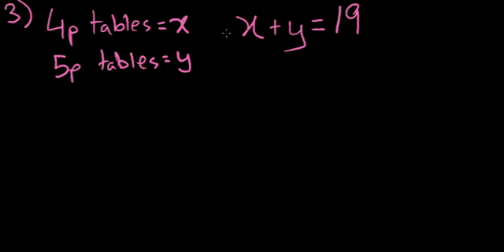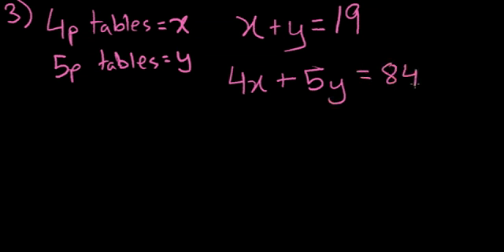The number of people in x tables is going to be 4x because each one has 4 people. And the same thing with y, each table has 5 people, so it's 5y. 4x plus 5y is going to equal 84. That's the total amount of people that can be seated.